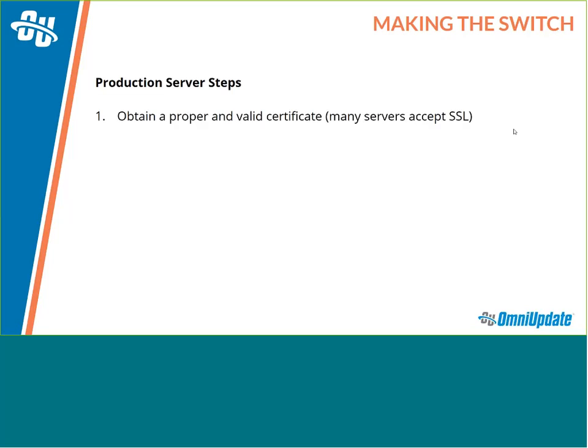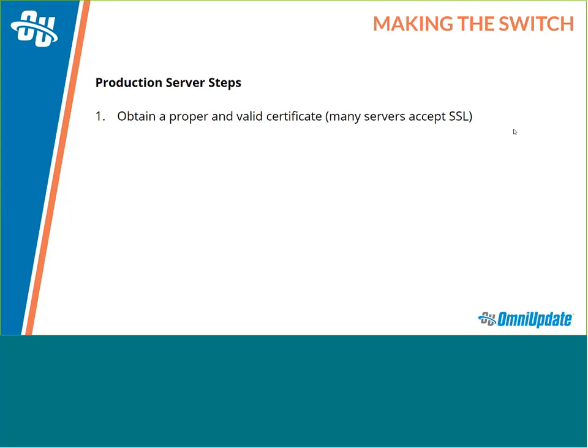The first general step is to obtain a proper and valid certificate. Like I said, SSL is pretty much the standard these days. But depending on your server configuration, your hosting provider can give you information as to what kind of certificate, the level of encryption that you need, all of those sorts of details.